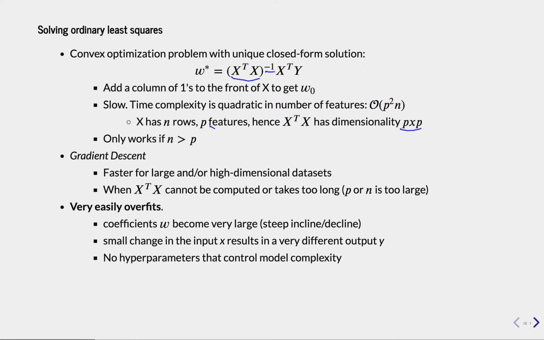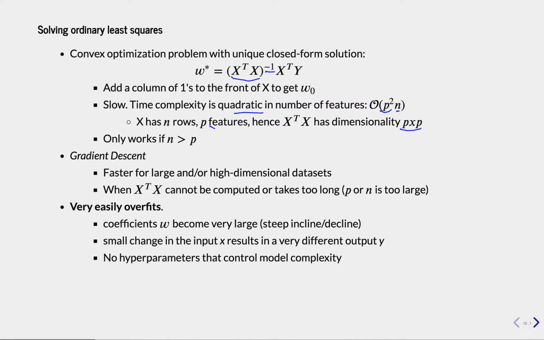That means that the time complexity is quadratic in the number of features. So the complexity is p squared and n number of instances. So that's one problem. Whenever our dataset is large, this becomes quite expensive to compute.